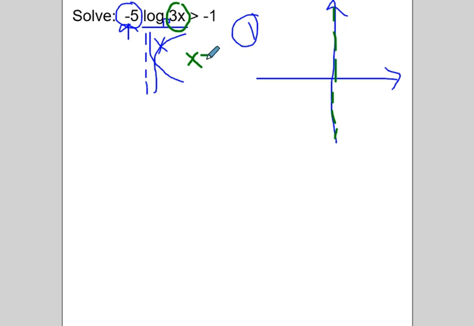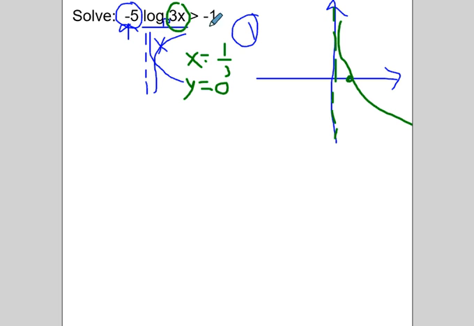When x is equal to 1/3, your y will be equal to 0, because 1/3 times 3 gives you 1, and log of 1 is 0, and 0 times -5 is 0. So you know at 1/3 it's going to be 0. And then it's going down like this.